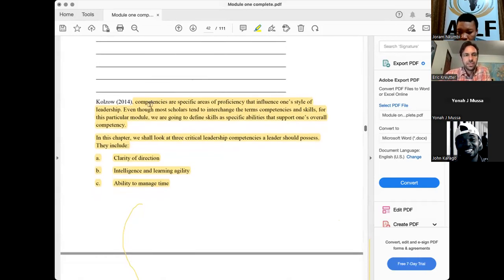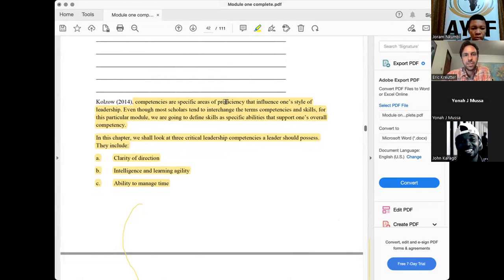Okay, so the notes here say that competencies are specific areas of proficiency that influence one's style of leadership. Even though most scholars tend to interchange the terms competencies and skills, for this particular module, we're going to define skills as abilities that support one's overall competency.